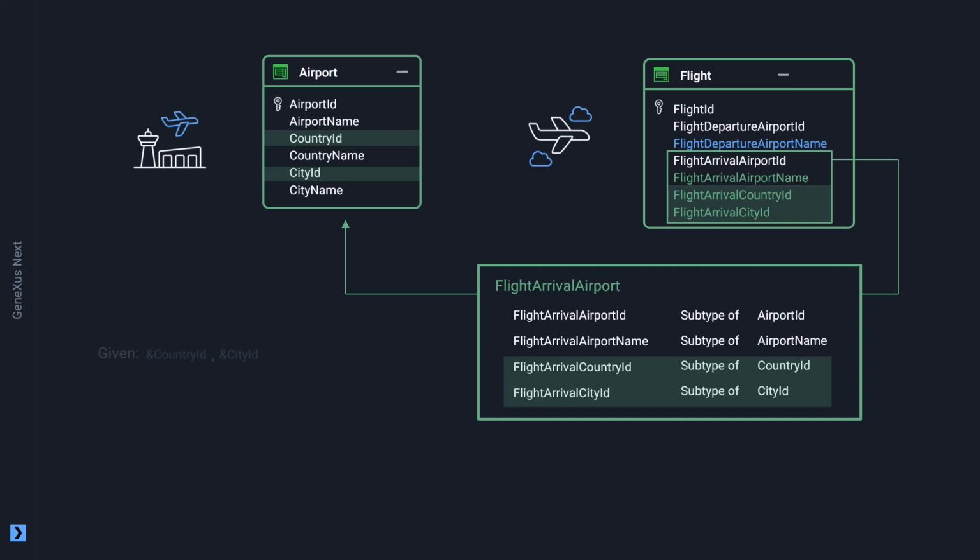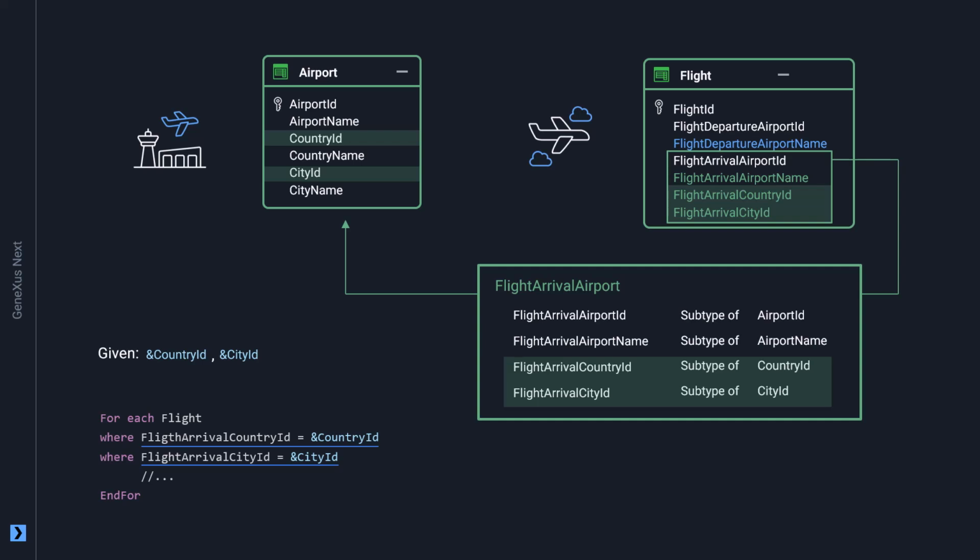So, if given these two variables, we want to retrieve all flights arriving to the country and city corresponding to their values, it will be enough to use the for each flight command, filtering the flight records for which the country id of the arrival airport of the flight corresponds to the value of this variable, and the city id of the arrival airport of the flight matches the value of this other variable.